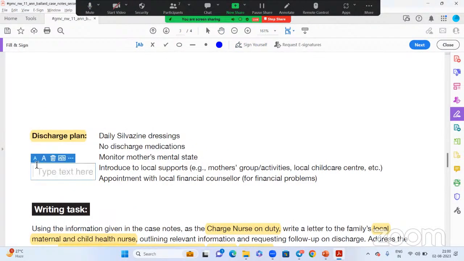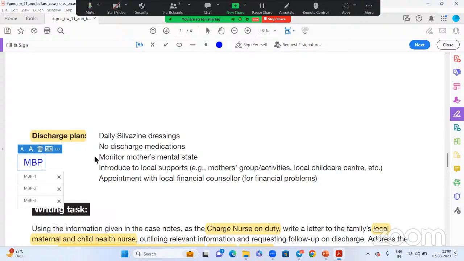If we are writing 5 paragraphs, then this will be main body paragraph 3. This will be the last paragraph.